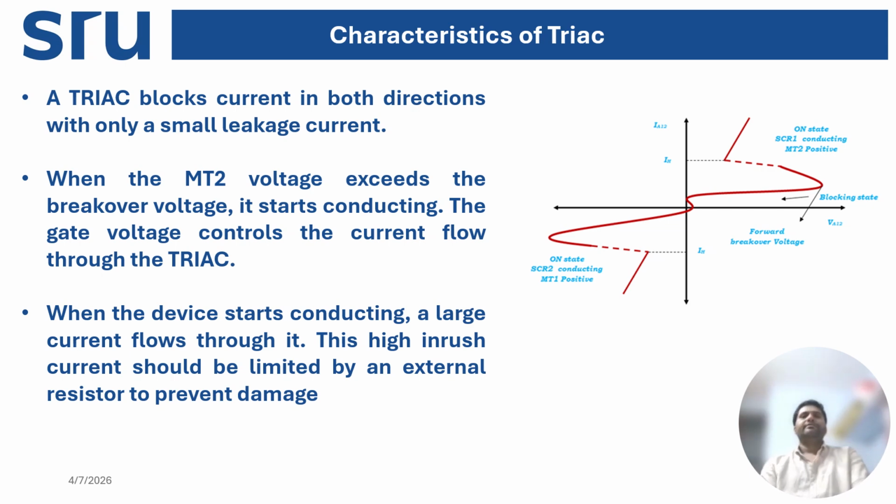Next is breakover condition. When voltage across terminal 2 and terminal 1 increases, once it exceeds the breakover voltage, then the TRIAC starts conducting. This can happen in both positive and negative direction.